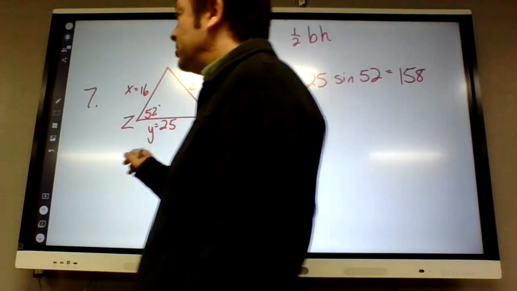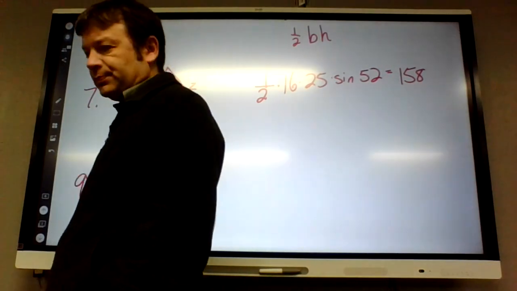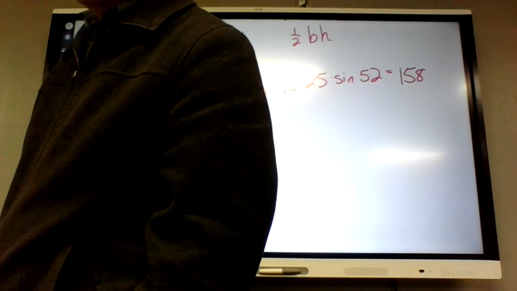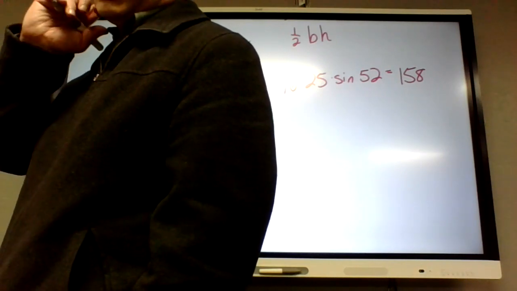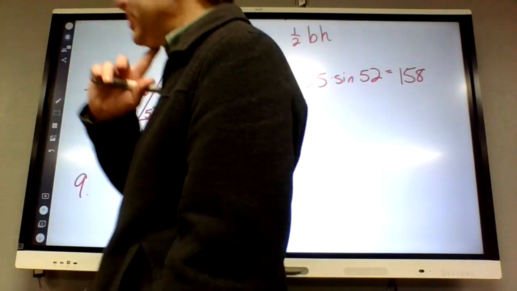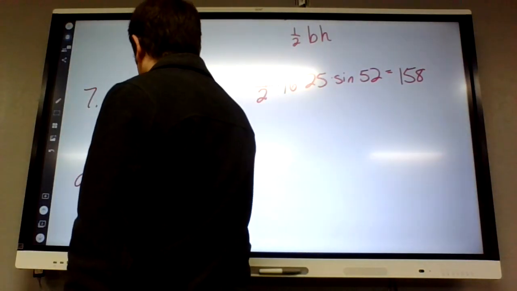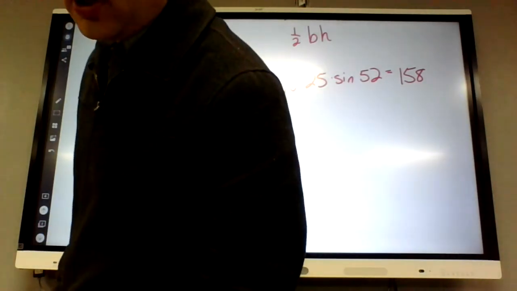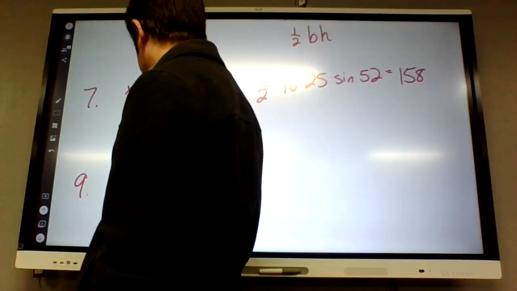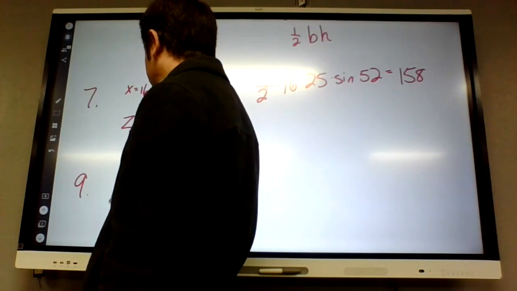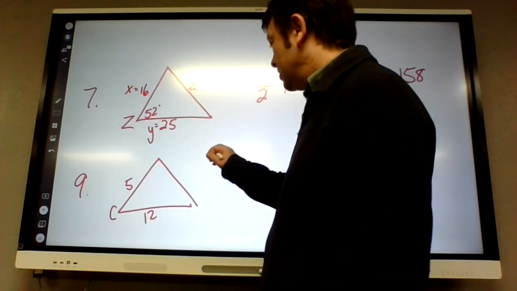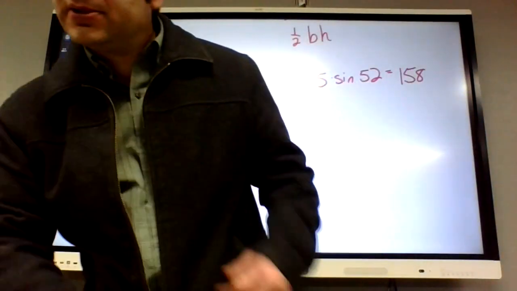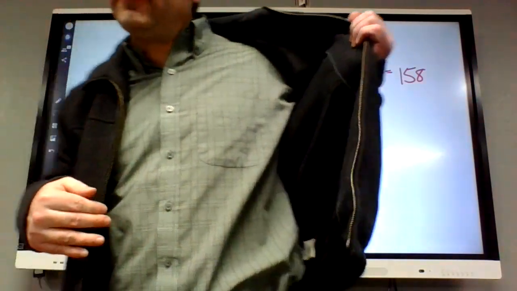Alright, numero 9. On 9, they're giving us the area, and they want us to find angle C, the missing angle. So how could we do that? The sides are 12 and 5. It doesn't really matter what the picture looks like, but they told us that the area is 15.